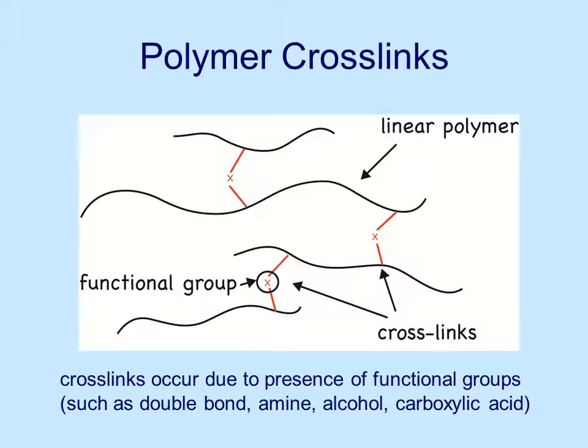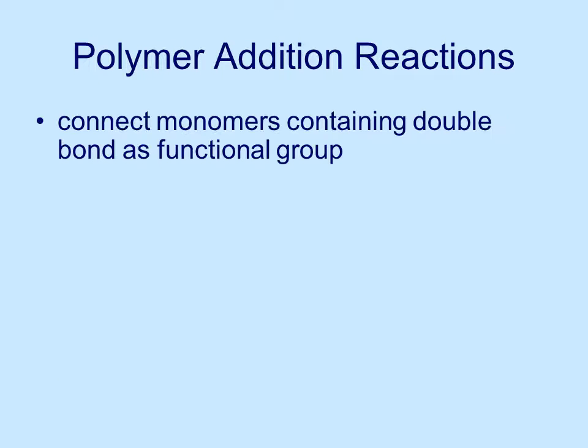Now, cross-linking can occur in polymers based upon the availability of a functional group. A double bond, an amine, an alcohol, a carboxylic acid, a functional group hanging loose on one polymer chain can react with a functional group on another polymer chain, and you get cross-linking, so you get a more complex structure that way.